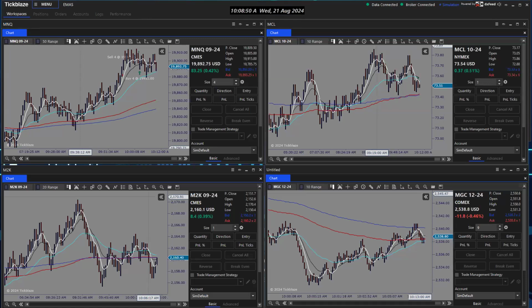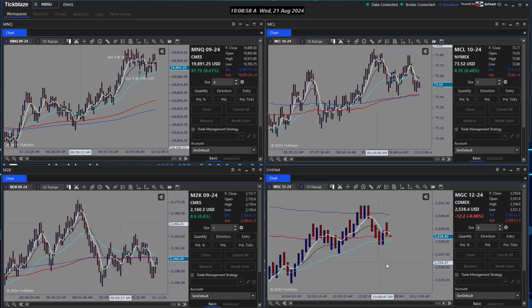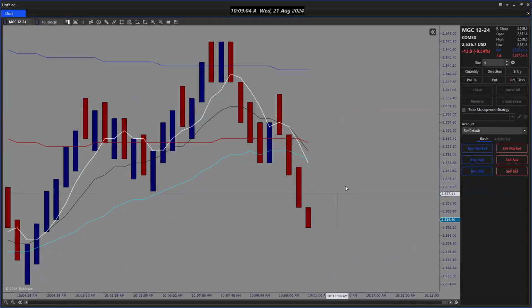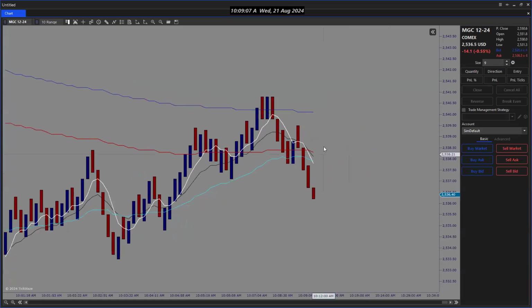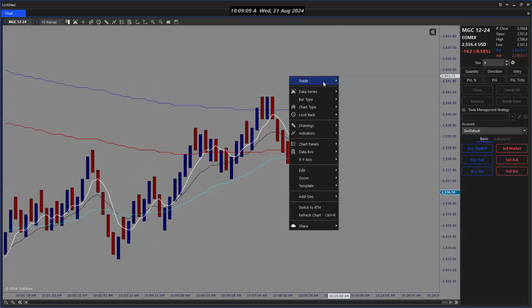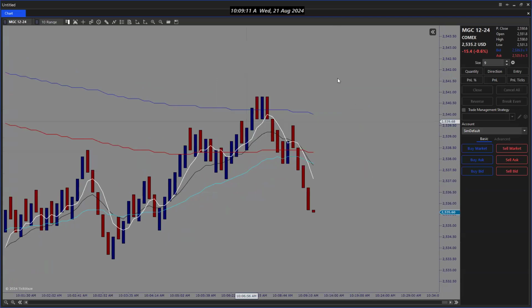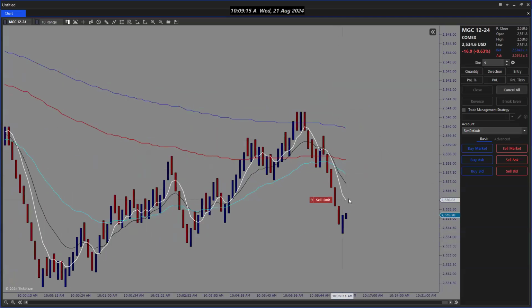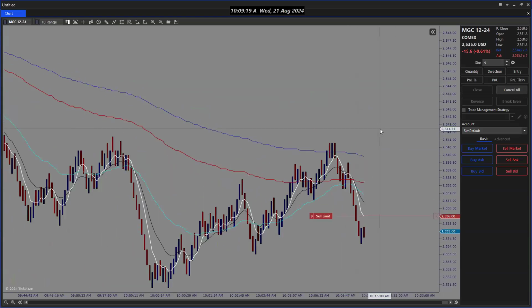Yeah, you're right. Yeah, it didn't overshoot in Ninja, so let's see if we can get something on this one then. So there's the cross. That's where the trade would be.